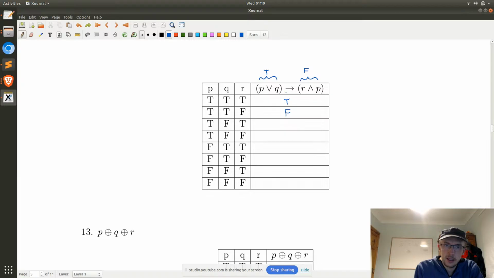Sloppy. True. See? Okay. True on the left. False on the right. And therefore, that's a falsehood. True on the left.